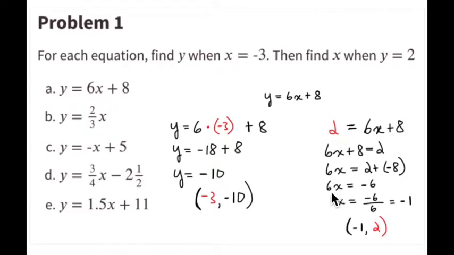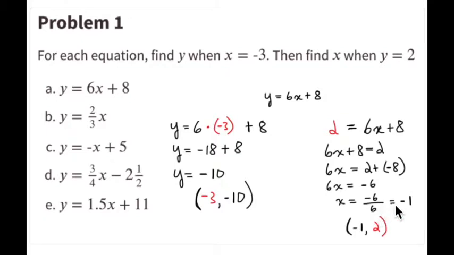Now to get rid of the 6, I have 6 of these things, but I only want one of them. So I'm going to divide by 6, or I'm going to multiply by the multiplicative inverse, which is 1/6. So 1/6 times 6 makes this 1, and -6 times 1/6 is this product right here, -6 over 6.